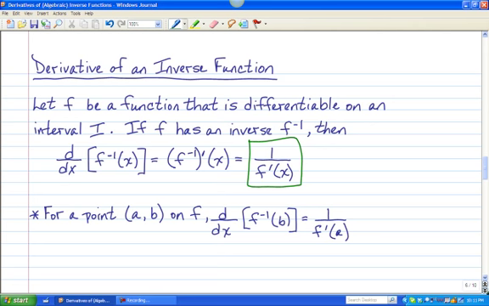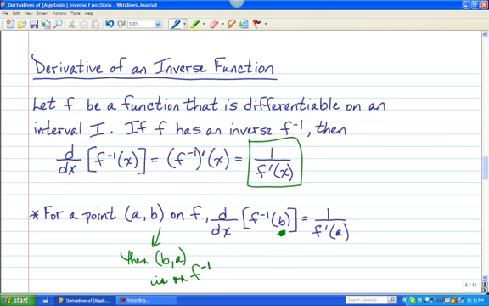Pretty simple. Oftentimes, though, we'll be trying to find the derivative at a certain point. So suppose you have a point (a, b) on the original function f. Then the derivative of the inverse at b, remember, if (a, b) is on f, then the point (b, a) is on the inverse.